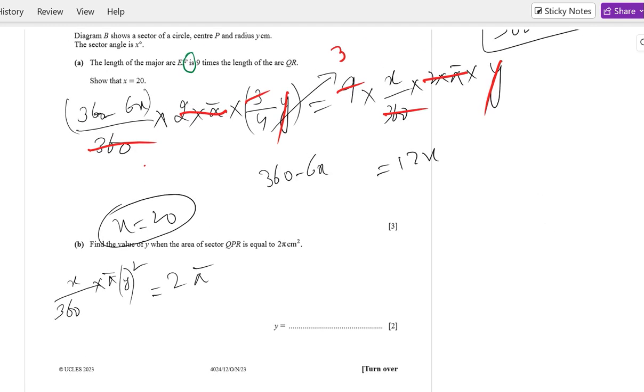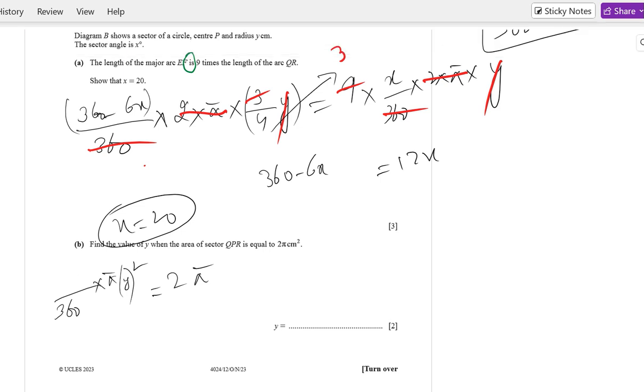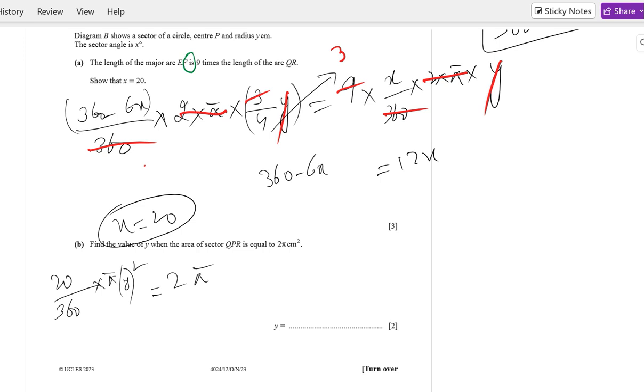We can replace it with 20. Okay, so pi cancels with pi, 2 cancels with 2, and 0 cancels with 0. I am left with 1 over 36. So y squared is equal to 36. Your y would be 6.